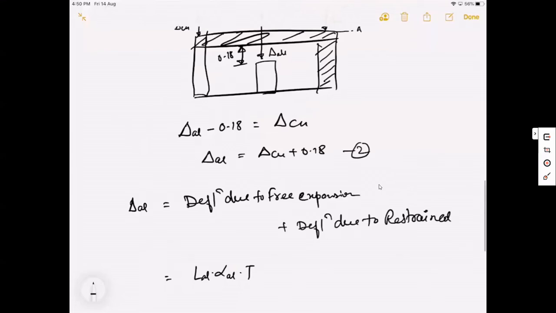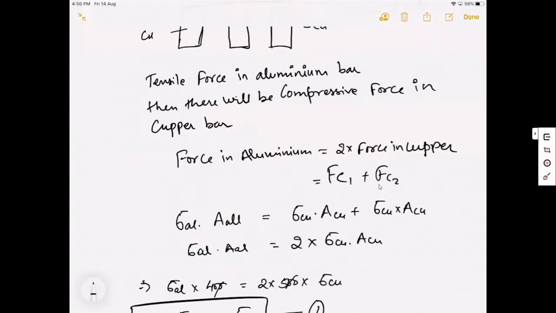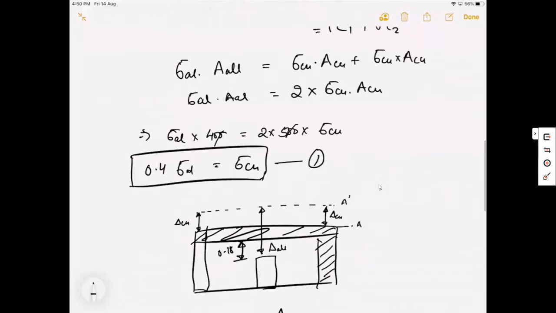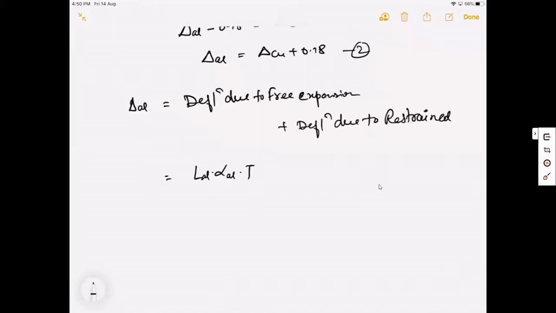Now, what have I assumed? I have assumed the aluminium bar to be tensile in nature. So, if I am assuming it to be tensile, I will write plus sigma aluminium into L aluminium upon E aluminium. Is it okay?